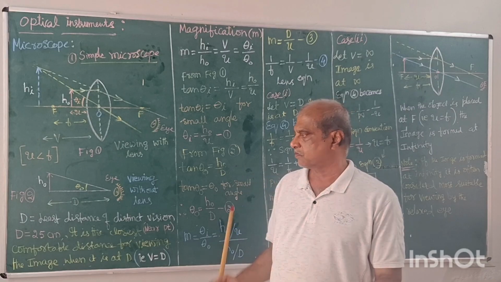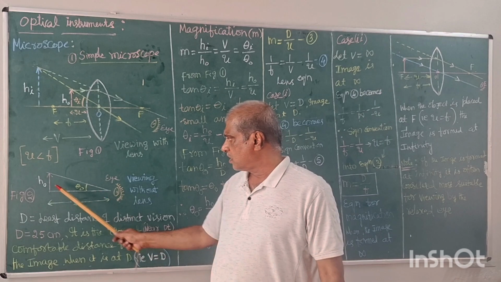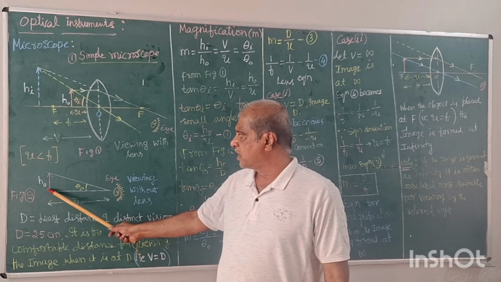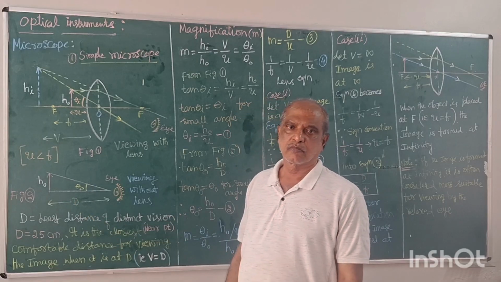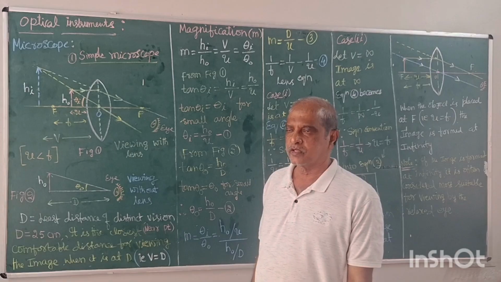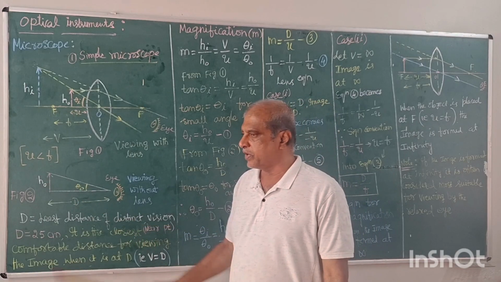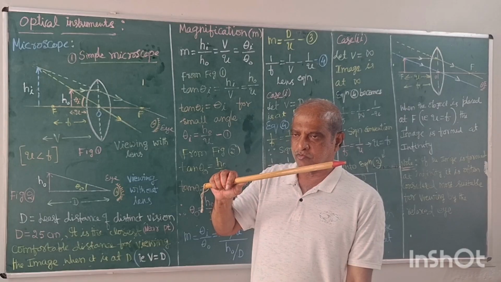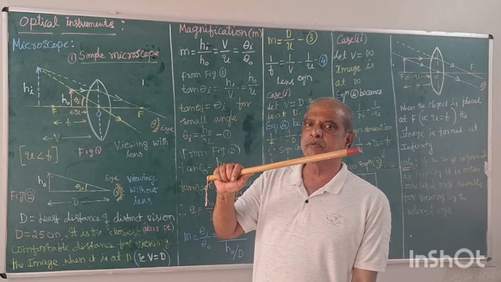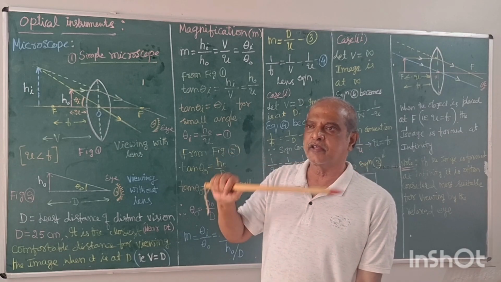You can check it. If the distance is less than this, if the object moves closer to the eye, the object becomes blurred, producing strain in the eye as well. You can check it. There is no clear visibility. If you bring the object closer to the eye, less than 25 centimeter, the clarity diminishes, it becomes blurred and produces a high strain in the eye.